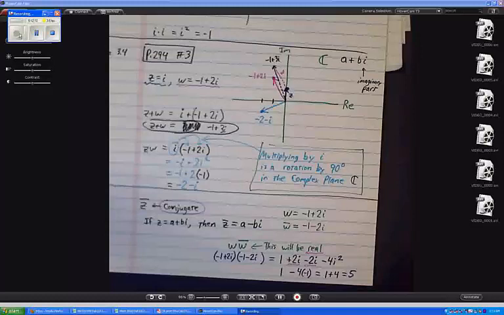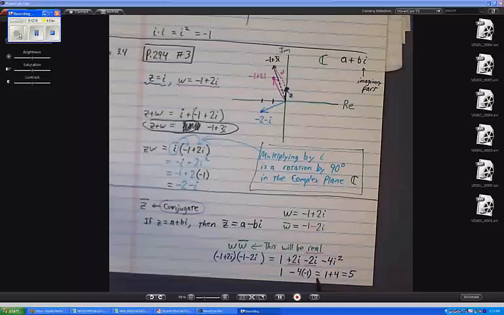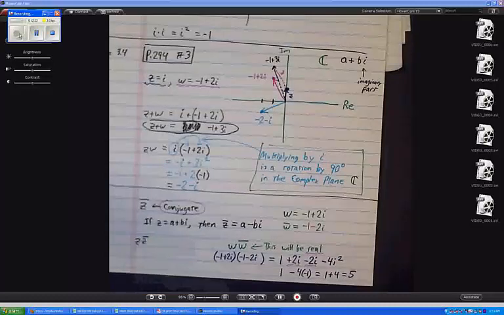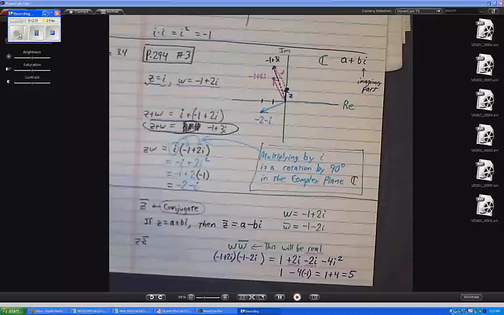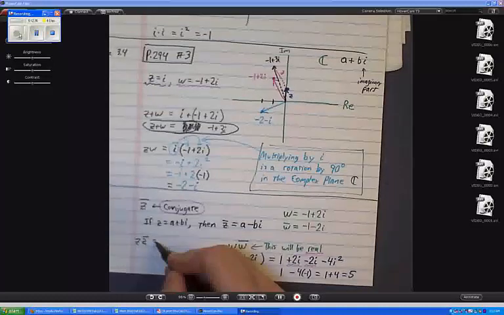But over here, ZZ bar, that's a harder one. I apologize, but that was the first problem I assigned. The reason that's harder is because what does Z equal? I. So I guess the question is, do you know what Z bar would be?